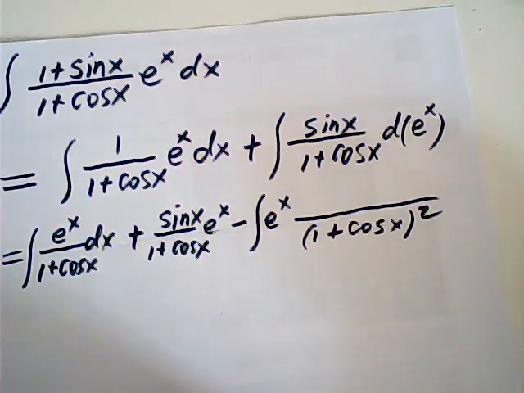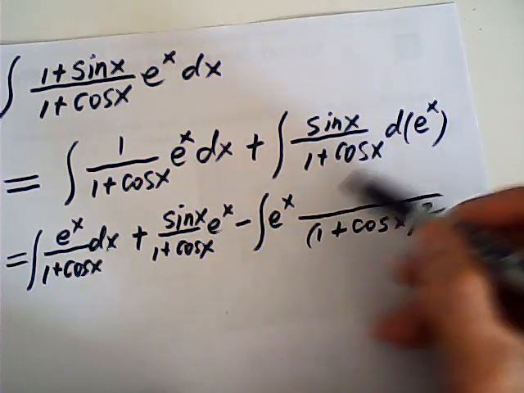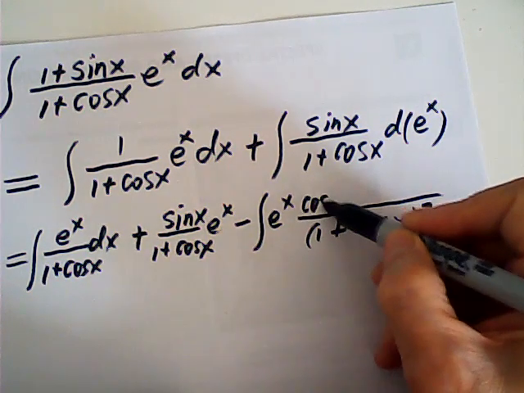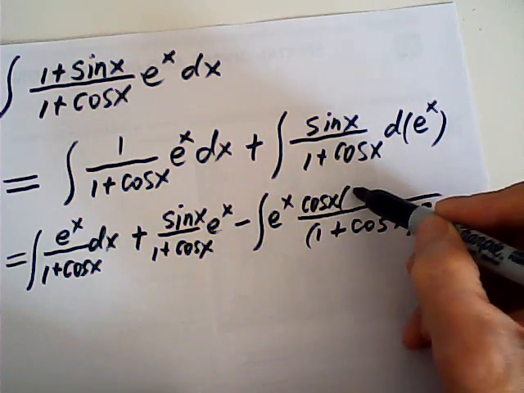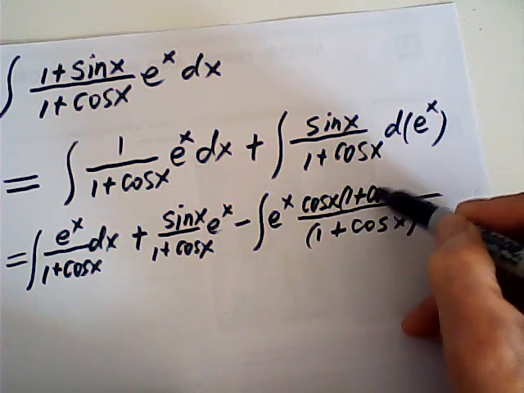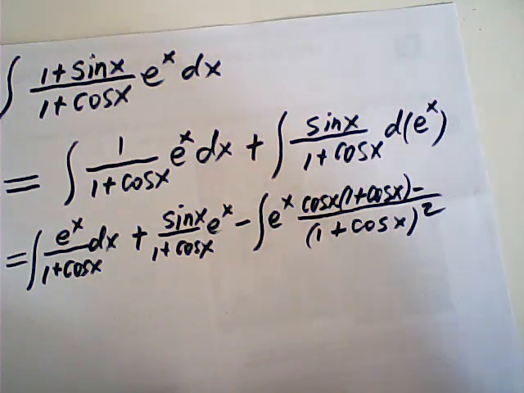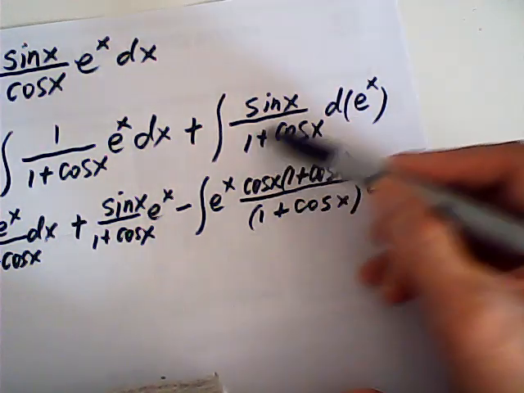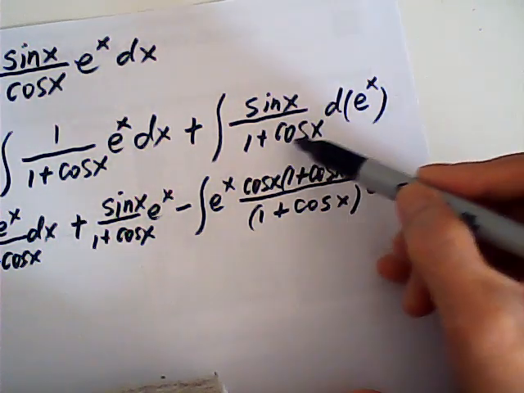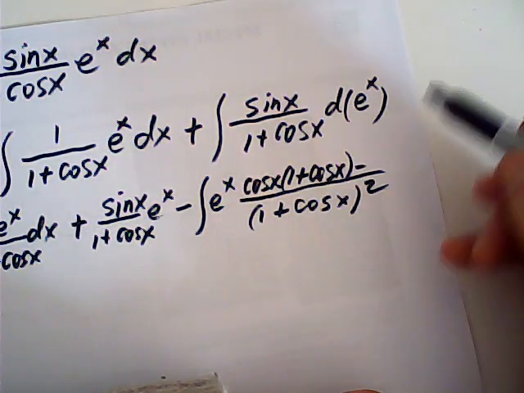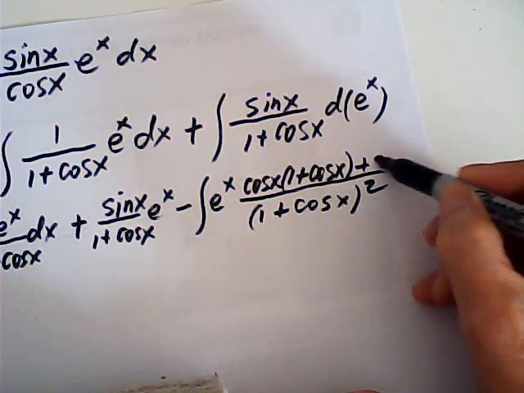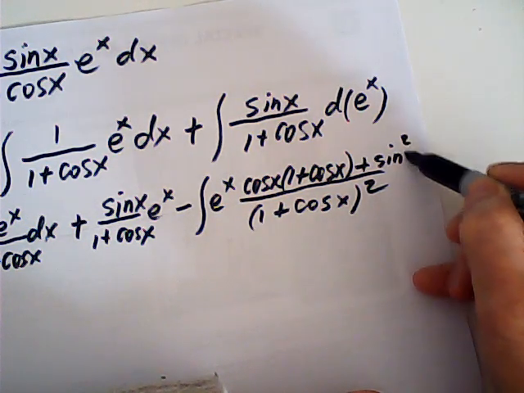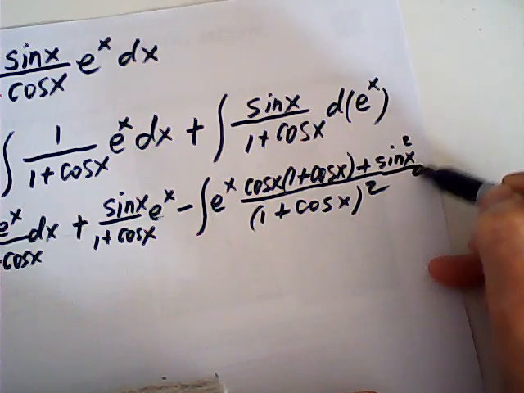I'm using the quotient rule, right? The derivative of sine is cosine, times 1 plus cosine x, minus sine x times the derivative of that one. The denominator's derivative is a negative sign, so it becomes plus sine squared x, and the dx.